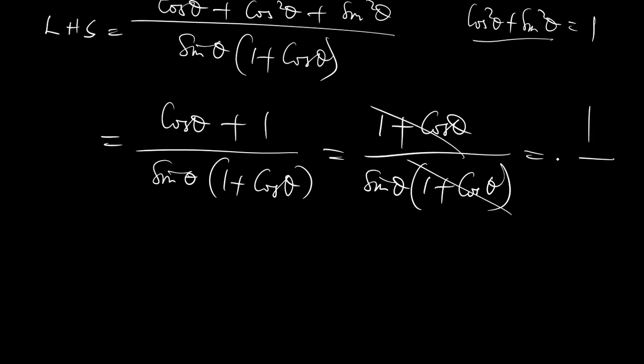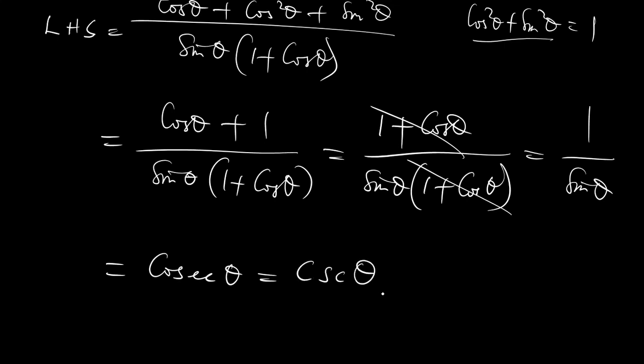You now have 1 all over sine theta, and 1 all over sine theta is the same thing as cosec theta, which can also be written in this form, CSC theta. So since the left hand side is now equal to the right hand side, that equation is proved. Now let's go over to the next question.